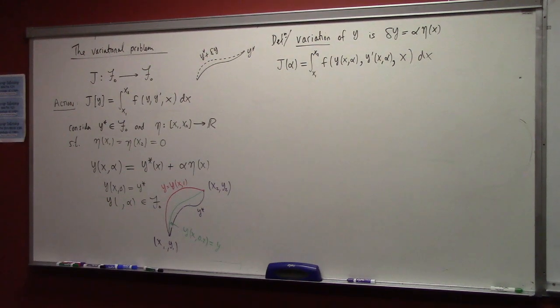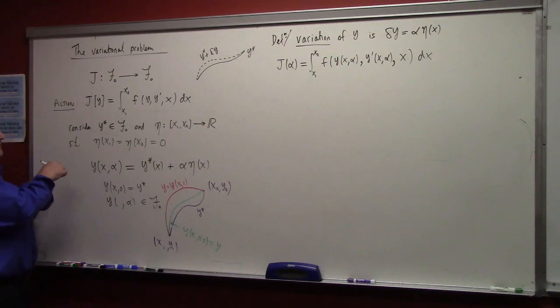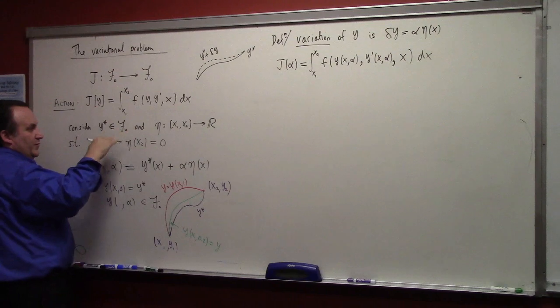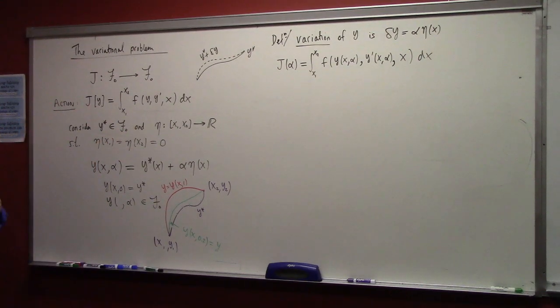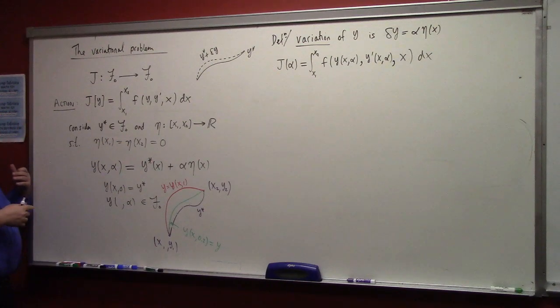And so here's what I say. I say it is intuitively obvious that if the function y star is an extremum of the functional, let me ask you, suppose that this y star is actually an extremal point for the action, if it maximizes or minimizes the action, then what should we have about alpha?